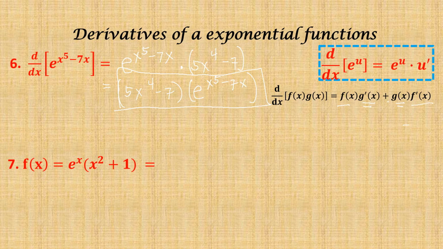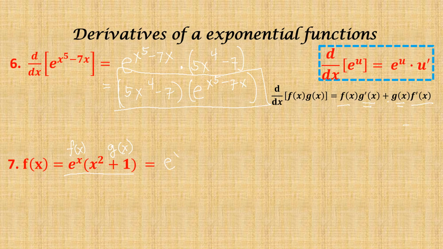So let us now do the indicated notation in getting the derivative of this. Considering this is our f of x, and considering this one, this will be our g of x. According to the formula, it says copy the first function as is.